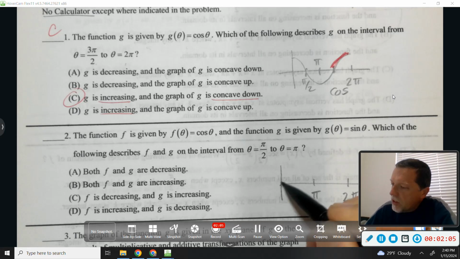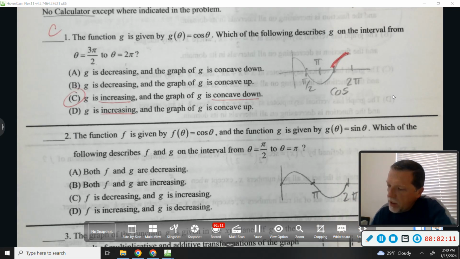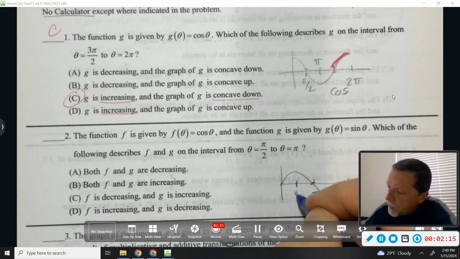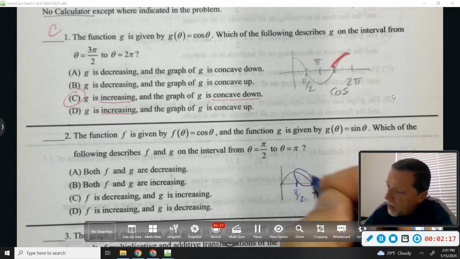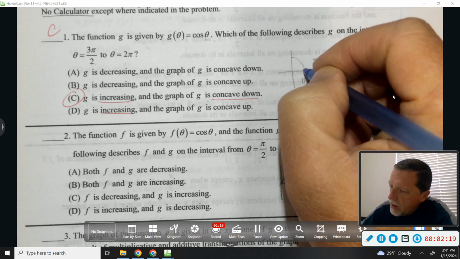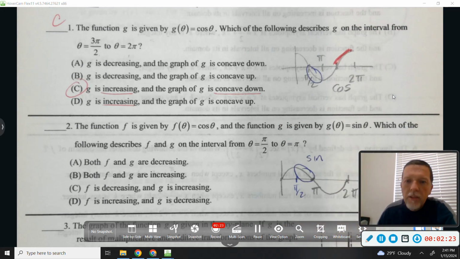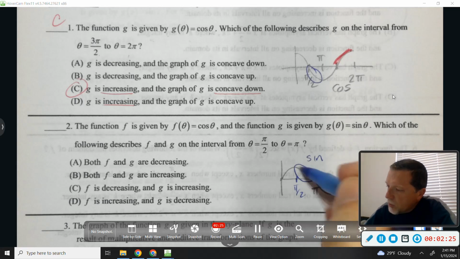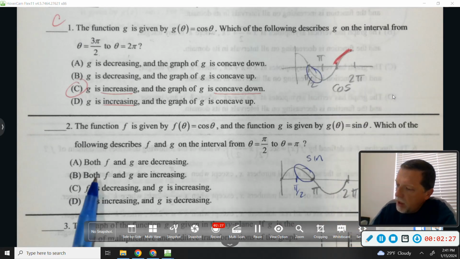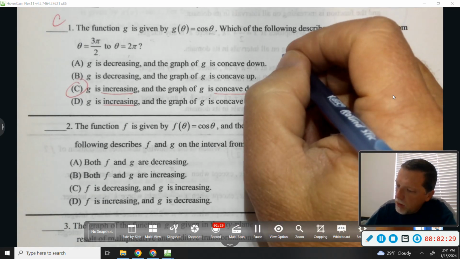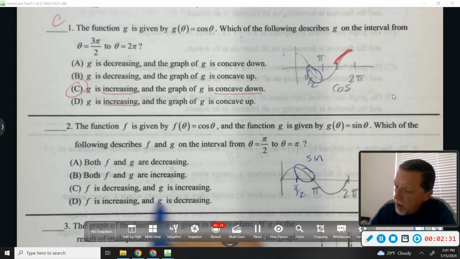Sine starts at 0, ends at 0, in the middle's at 0, and does this. And this time we're talking pi over 2 to pi. So that would be that area and that area. So this one's the sine, that one's the cosine. So from pi over 2 to pi, they're both decreasing.